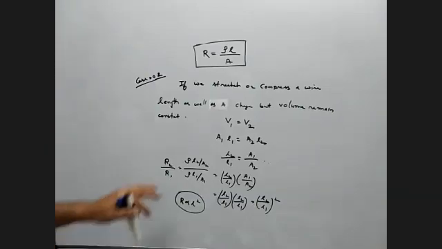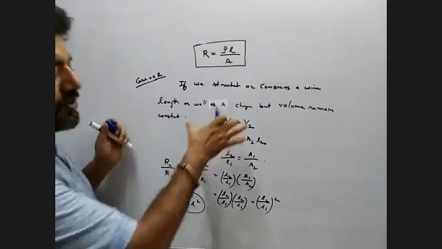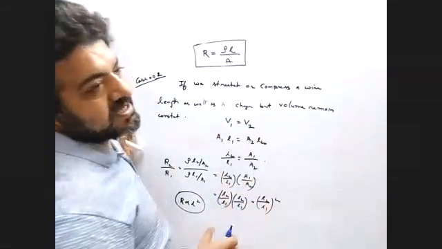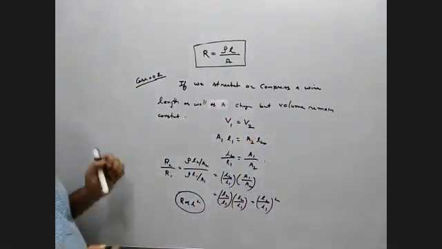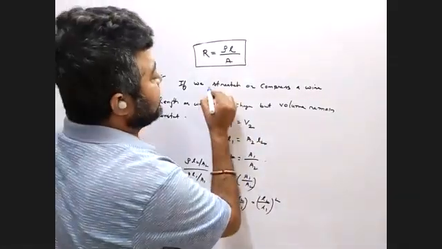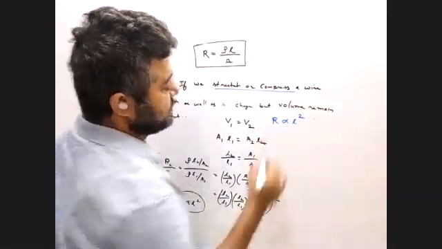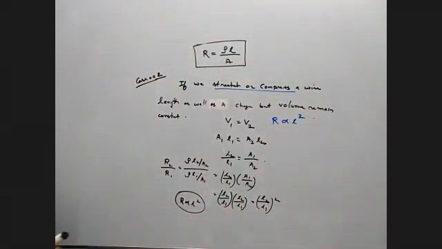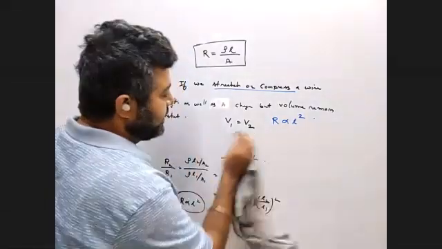If you stretch or compress a wire, that is mainly what you have to remember. You don't need to remember the derivation because they don't ask you to show how they are related, but they give you numericals on it. Always remember, if you stretch or compress, R is directly proportional to L square. Okay, up to this, is it okay? Yes, sir.